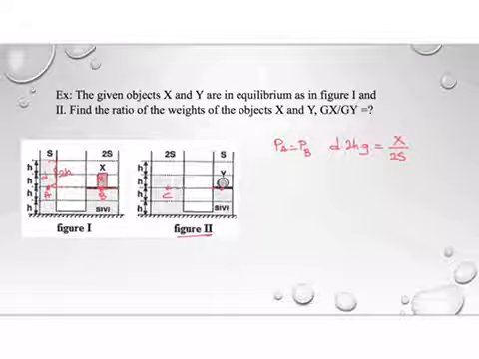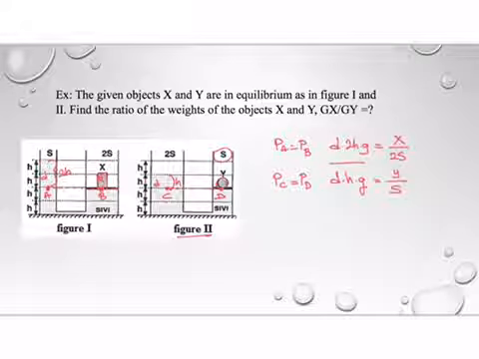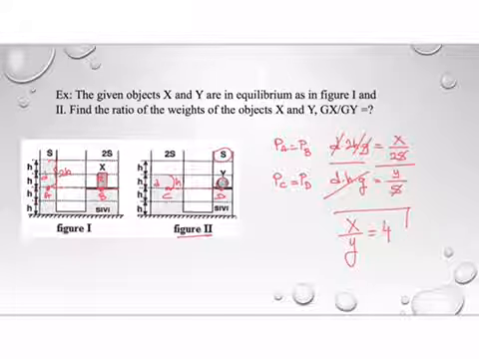Let's say C and D. The pressure at C should be equal to the pressure at D. The pressure C is exerted by the D liquid with a depth of H. D times H times G is equal to the pressure at D exerted by the object Y. So the weight of the object Y over the base area S. So when you take the ratio, the HG and S cancel each other. So I have the ratio X over Y equal to 4.